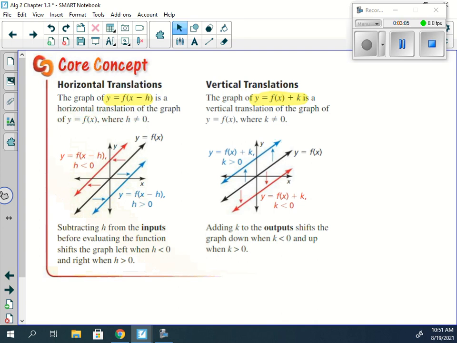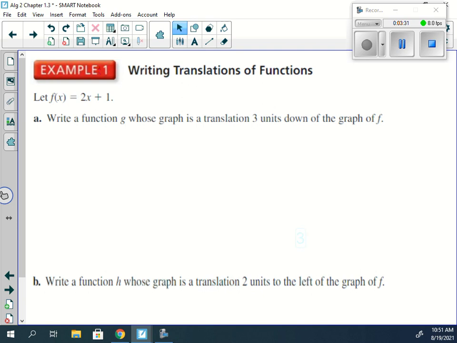I'm going to write it up here on the whiteboard so it's a little bit easier to look back on as we're going through this. Any questions on this before we start? Okay. And really what we're going to be doing is moving these functions accordingly.